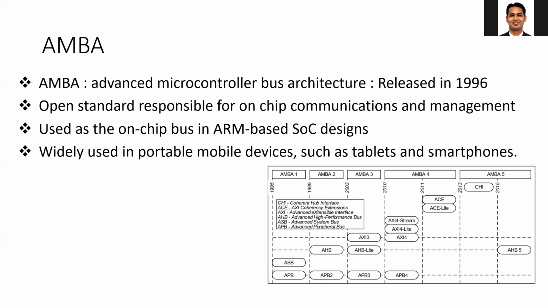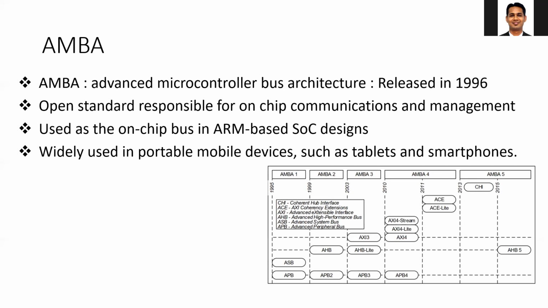Then after 4 years, in 1999, the next version of AMBA was released, which is AMBA 2. In this case, they extended the APB to APB2, and then they replaced the ASB with the AHB, the Advanced High Performance Bus. Then in 2003, they came up with the next version of AMBA, AMBA 3.